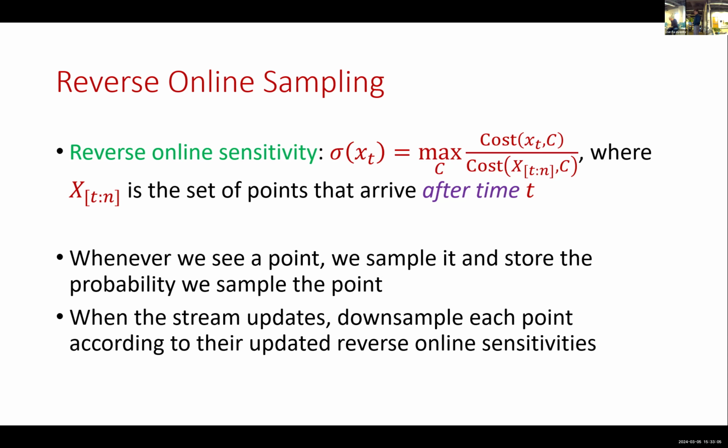So yes, I think there are some dependencies, so you need to be careful. You need to use dependent concentration inequalities. But if you have a core set at some time, there actually is a way for you to estimate the sensitivity. Then the question is how you can do this efficiently. It turns out that a constant factor approximation is generally good enough.